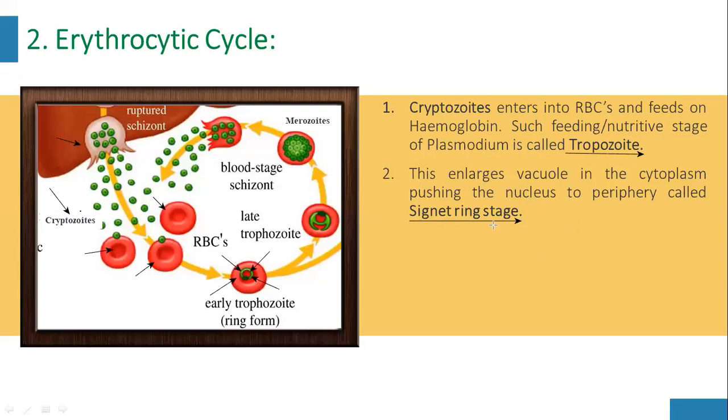What is the signet ring stage? The time the feeding stage of trophozoite is there, the enlargement of the vacuole pushes the nucleus to one corner. The colored part is the vacuole, and this dark colored one is the nucleus, which looks like a ring having a diamond on it. Hence, it's called signet ring stage.